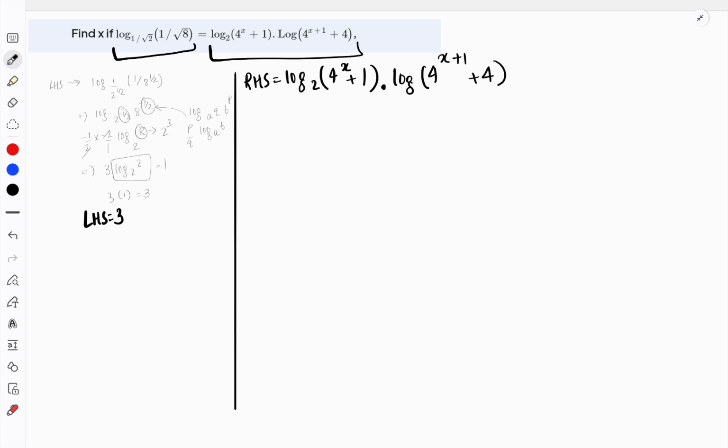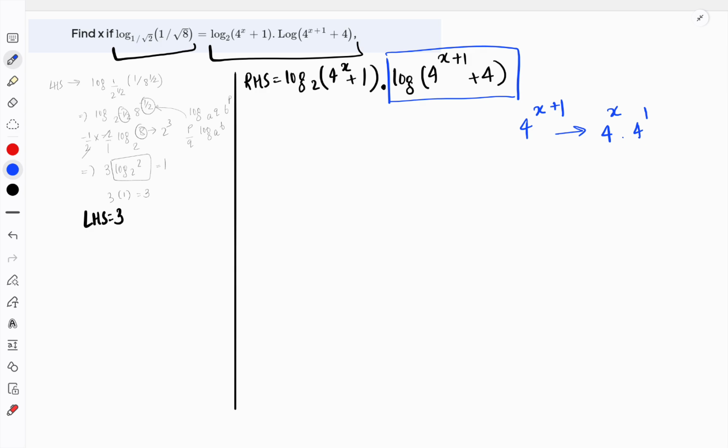If we see just this part, let me take another color. Specifically if we zoom in on this part, 4 power x plus 1, we can write it as 4 power x into 4 power 1. It's a simple exponent property.